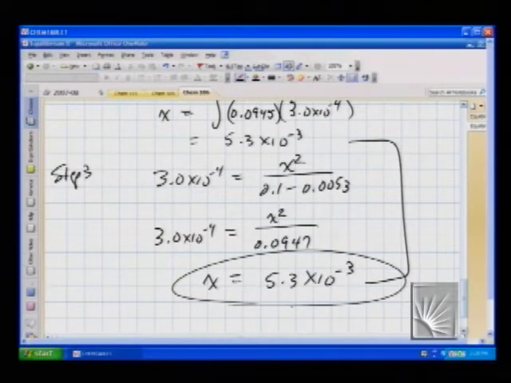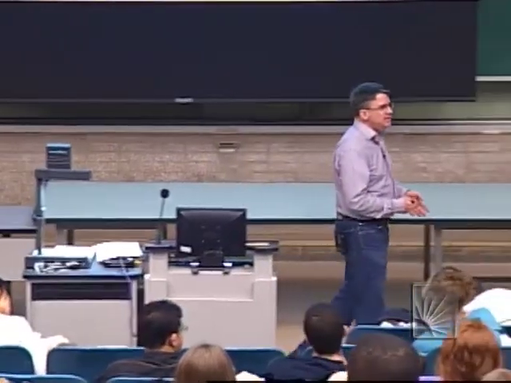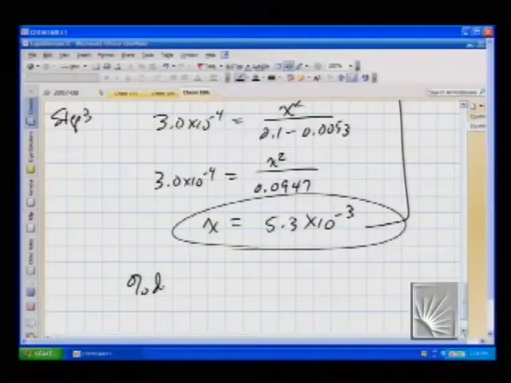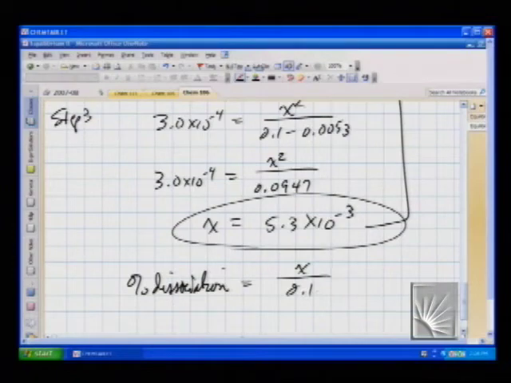Now, before you all sit out there and say, do I have to do this on a test? No, you don't have to do it on a test. When do you know that the assumption is valid? Whenever the percent dissociation is 5% or less. What's percent dissociation? It is equal to x over 0.1 in this case. Where did the 0.1 come from?